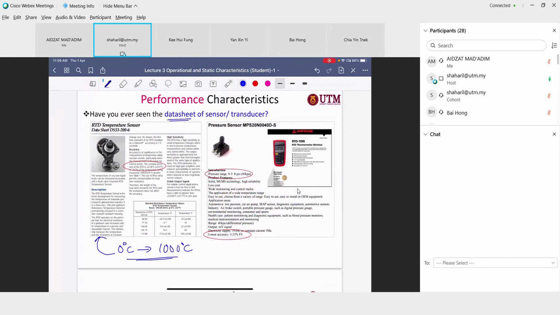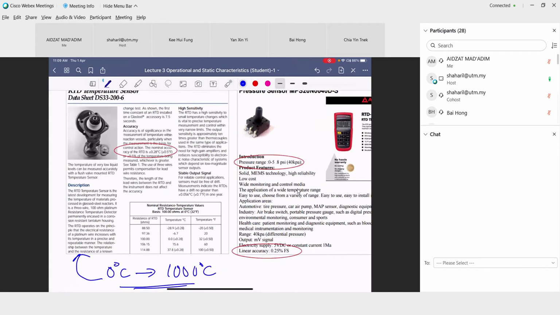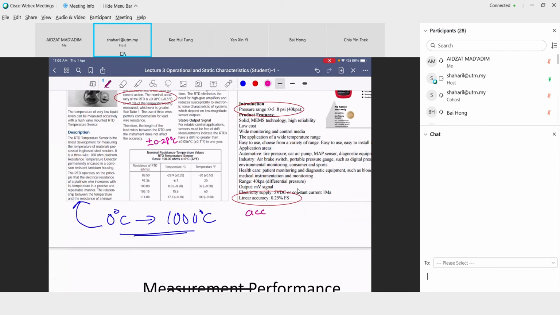When you look at the data sheet, there are certain units that you will find. For example, you find the word accuracy, and then you will find the symbol plus minus, for example 0.28 degree. Some of you will find accuracy plus minus 0.25% full scale.